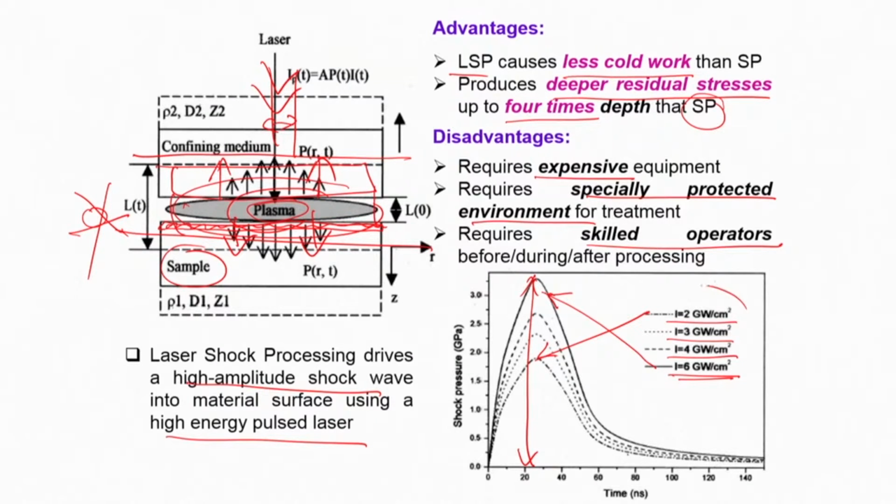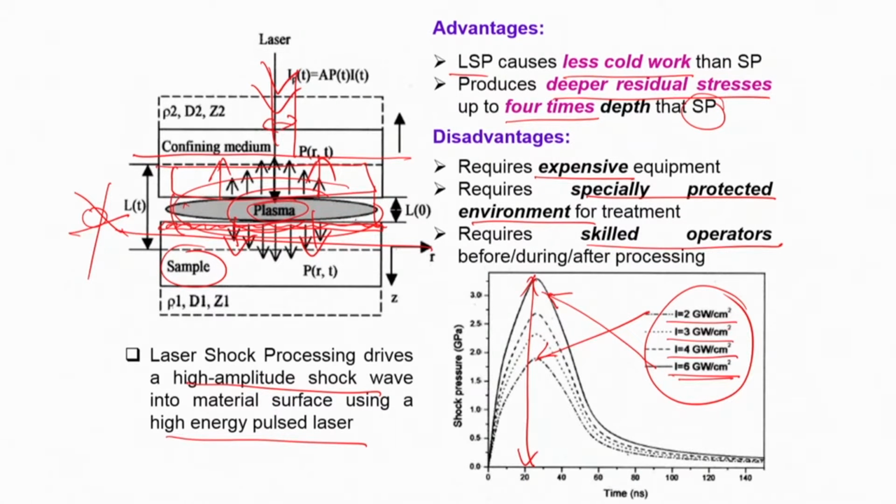So this is a very major process parameter, the power density of the laser pulses. The next important thing, of course, is the pulse width. Since we are talking about power density, the exact area of the spot is not so important.